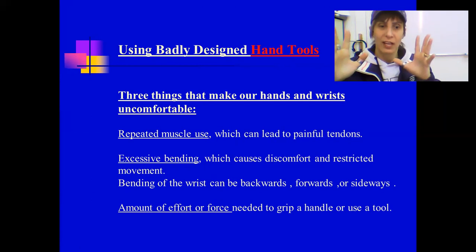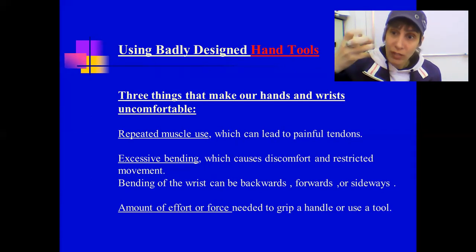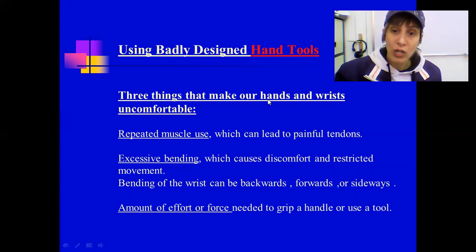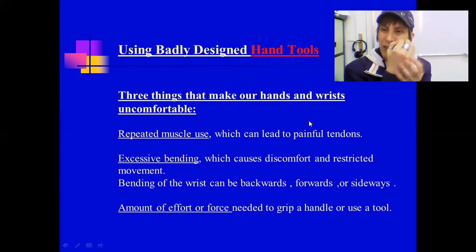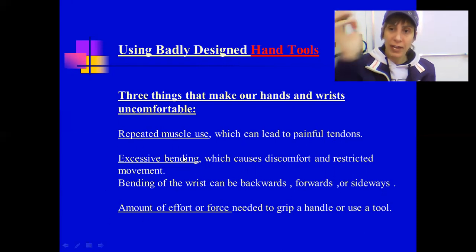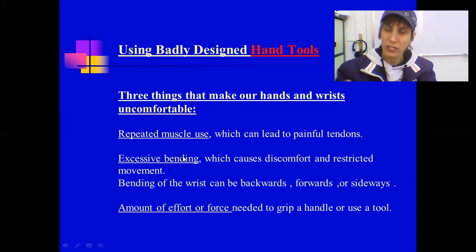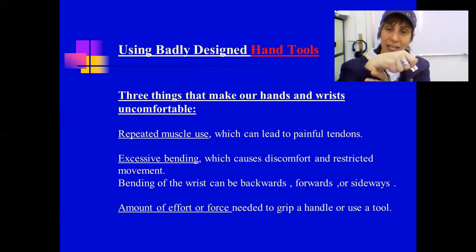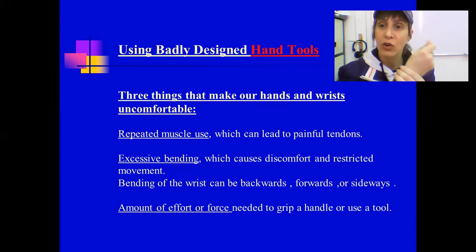Now, if I have to use my muscles in a repeated way for a long time, this can lead to pain. So I will start feeling pain. Now, also, if I have to use a tool that creates excessive bending, you know, bending, this also causes a lot of problems and discomfort.